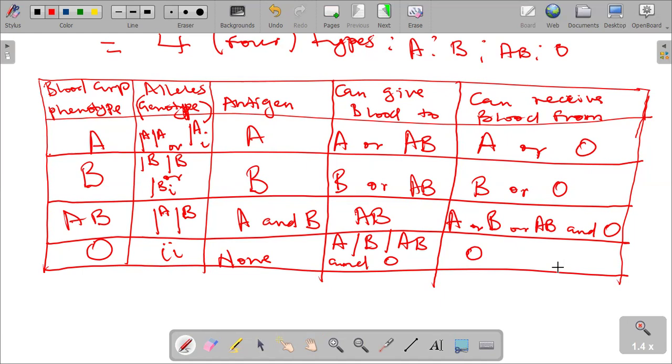Because remember we said that if the patient receives the blood which has got certain antigens.